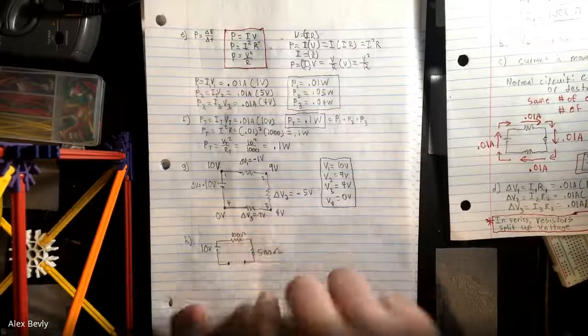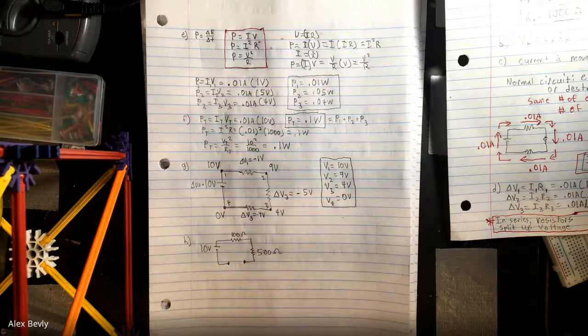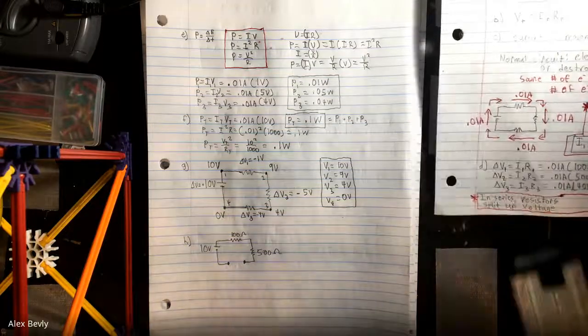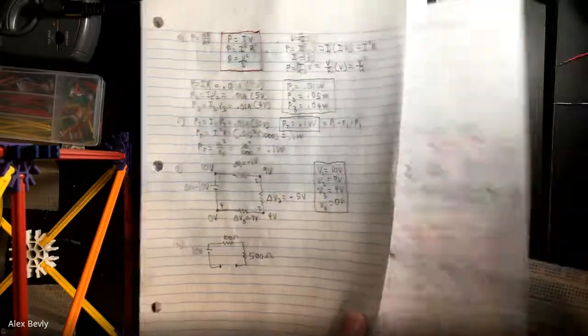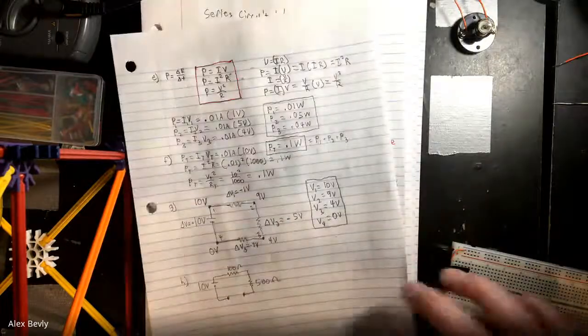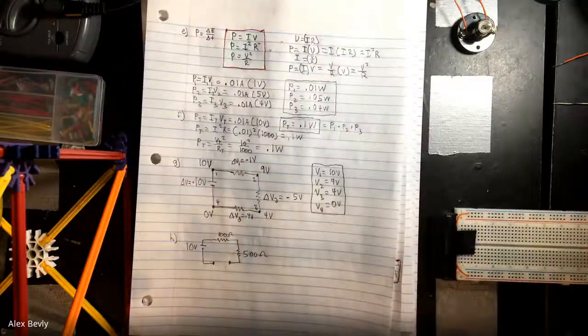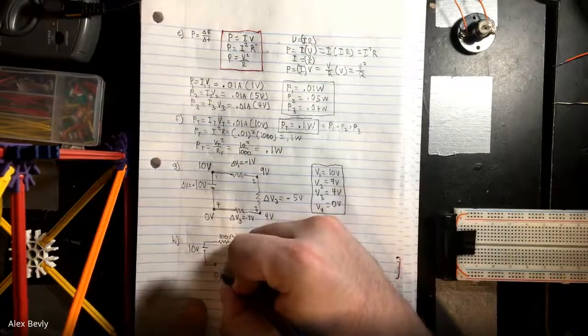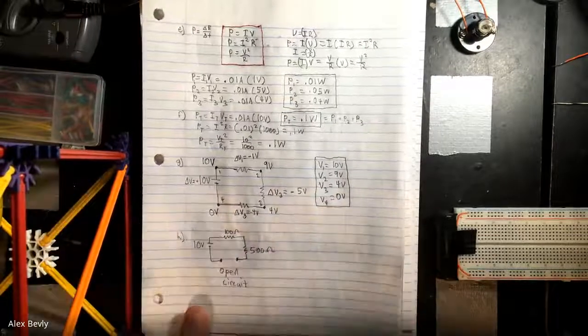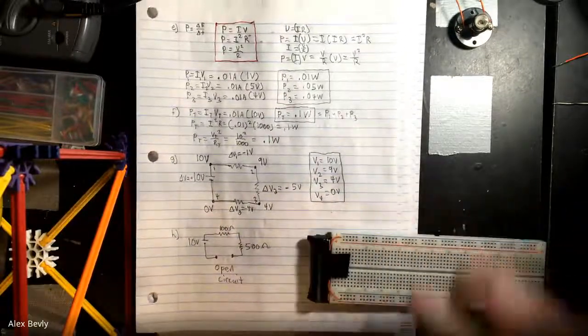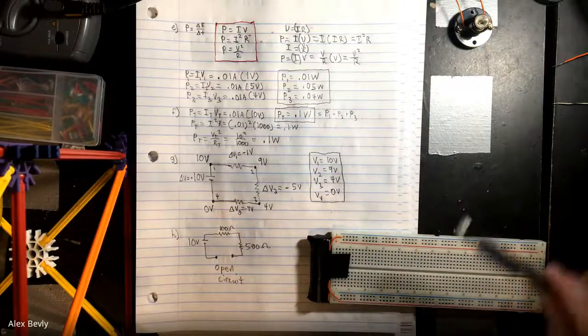So what do we call this circuit when it's not complete? It's called an open circuit. And this is one of the main disadvantages of a series circuit.